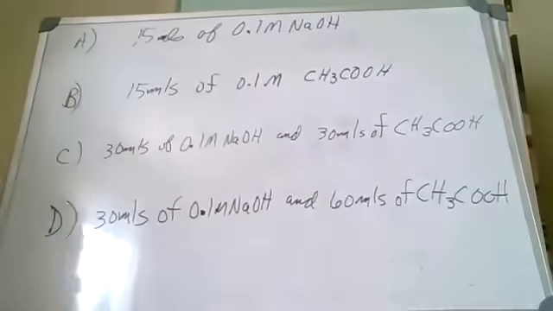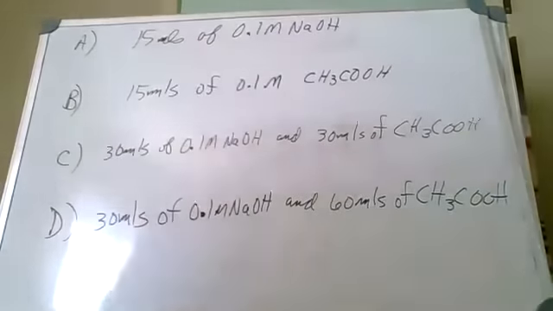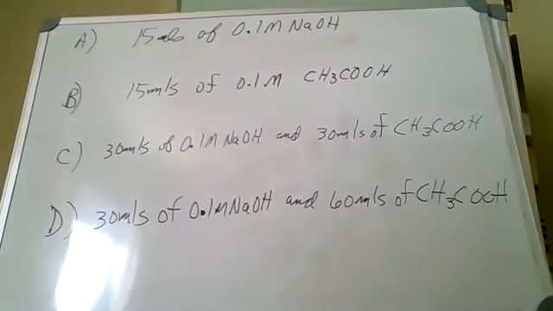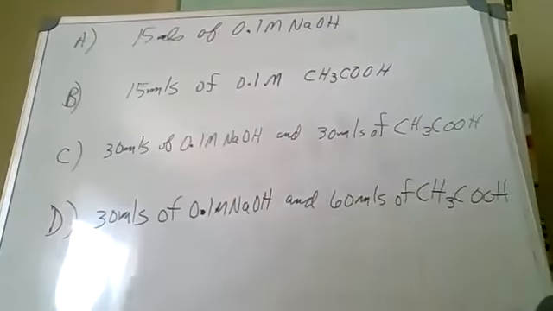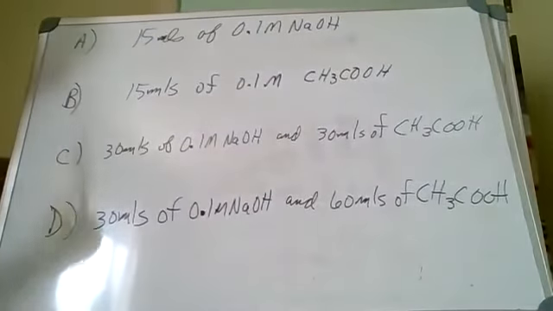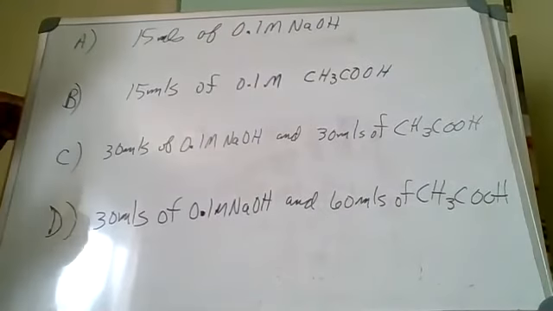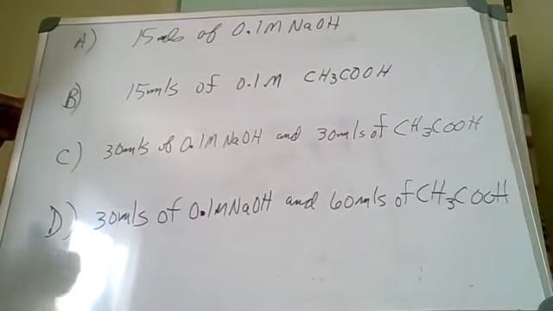Okay, so let's take a look here. We have these 4 solutions, and to each of them, we're going to add 1.5 milliliters of 1 molar hydrochloric acid. So each of these solutions has its own respective pH, and the pH is going to change whenever we add the hydrochloric acid.